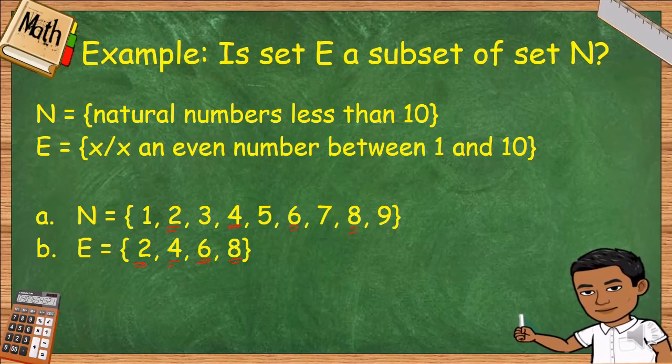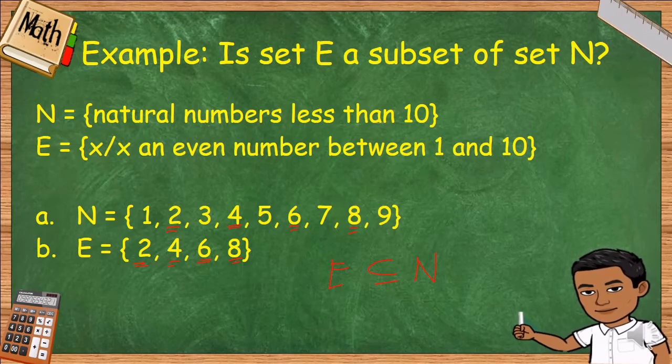So, every element of set E are also elements of set N. In other words, we can safely say that set E is a subset of set N. So, in symbol, set E is a subset of set N, kasi nasatisfy natin yung condition na every element ng set E dapat maging elements nung set N. So, the answer to our question in the example is yes. Set E is a subset of set N.